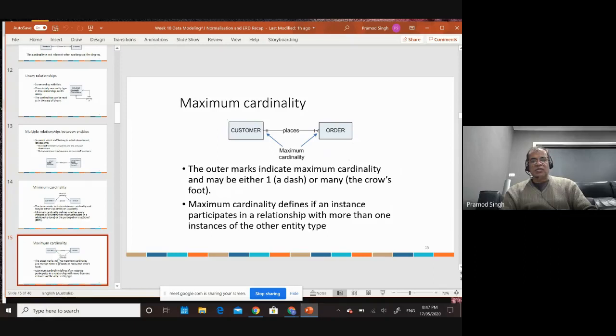So it shows that one customer can have many orders, but one order can go to only one customer. Each customer can have many orders or only one order, depending. So the maximum cardinality is shown by one or many arrows. Many arrows are shown on the order side.